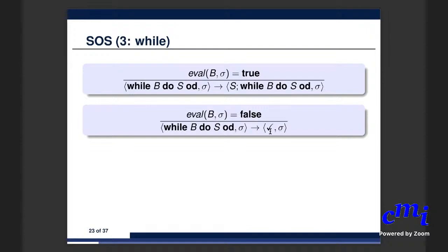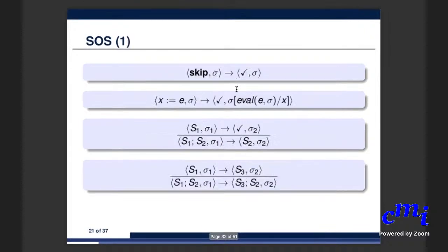You will end up reaching a final configuration with sigma, the same environment. So in order to repeatedly apply this, that is where you will have to use this, and that's one of the situations where we will end up using that.